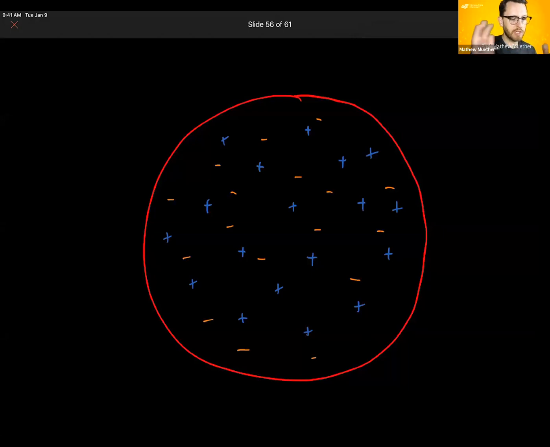Something like this. Initially there are equal numbers. If I just have a chunk of metal made out of standard atoms, they like to be neutral, so I have a neutral object. Now if I take a bunch of extra negative charges and pour them onto this surface, what happens?